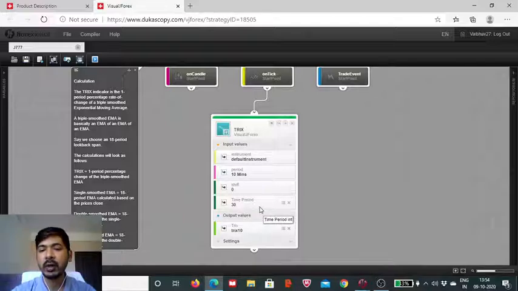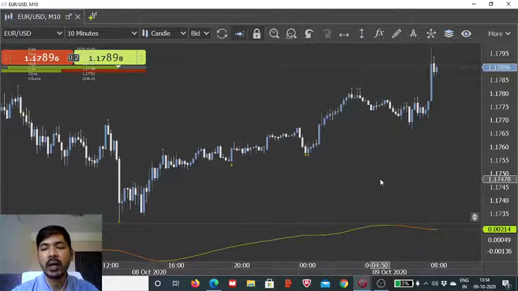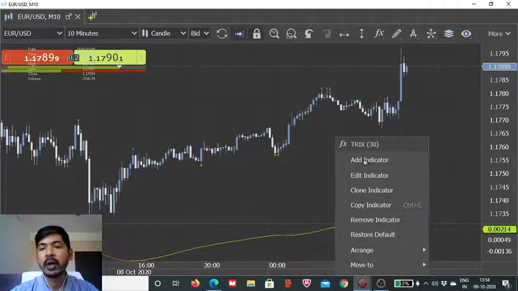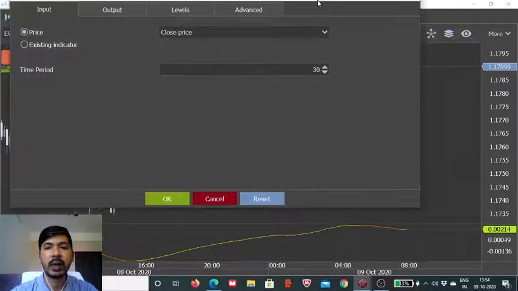The time period for calculation of the TRIX, this is very important. Now the default setup is for 30 minutes, but if you want the TRIX indicator to be more responsive, you can reduce the time period for the calculation. So here we can change this parameter.